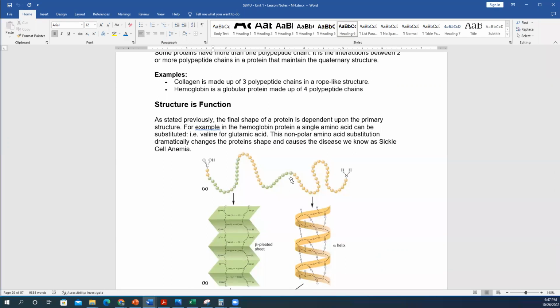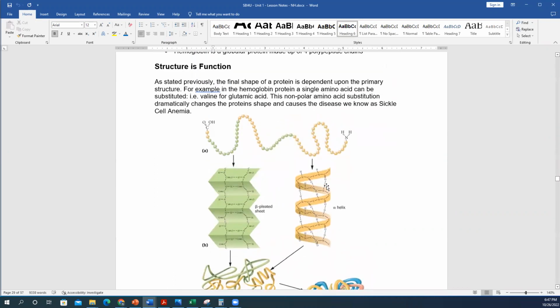So the way they work, the reactions that they catalyze, or the molecules they may help to mediate the movement of, has a lot to do with their three-dimensional shape. Disrupt that shape, mess with that shape, and you have messed with the function.